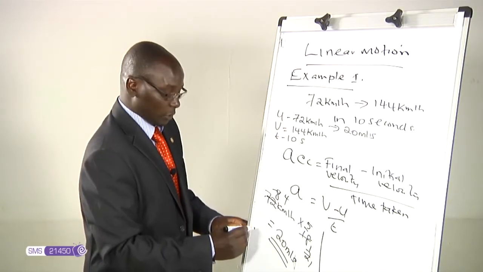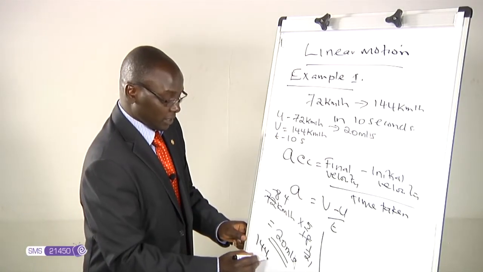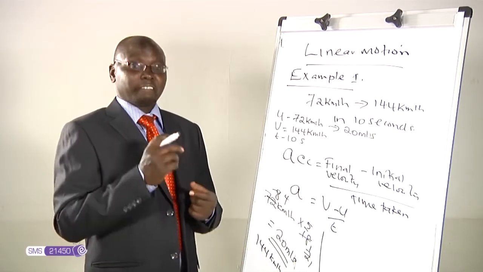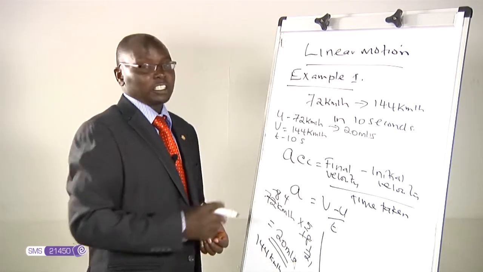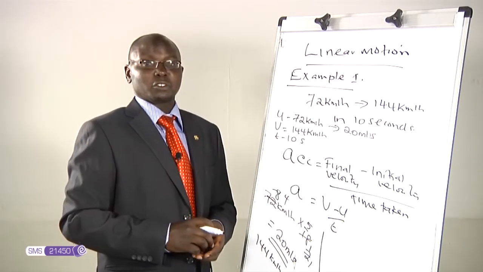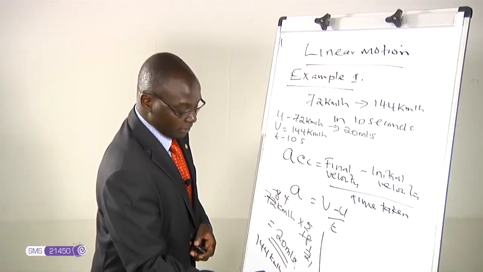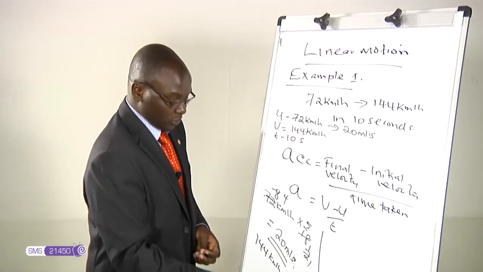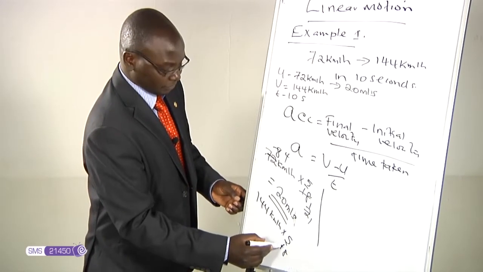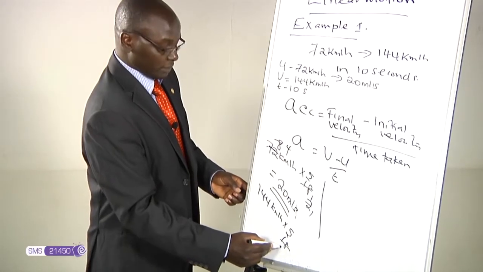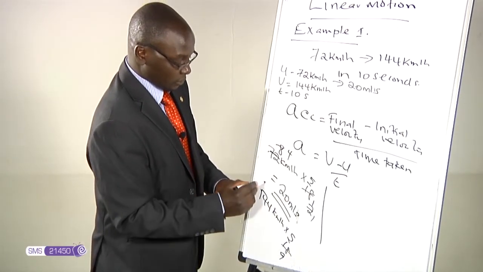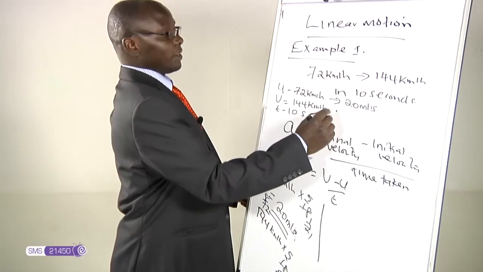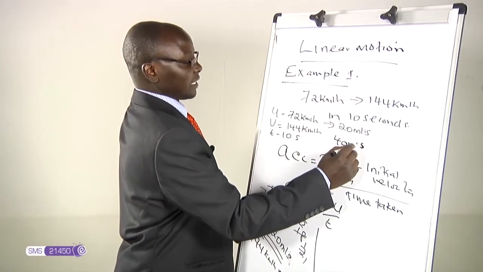But we can still do it by multiplying 144 kilometers per hour by 5/18, just as in the first one. Dividing by 2, we get 9 by 2, and 72 divided by 9 is 8. As you see, we get 40 meters per second.